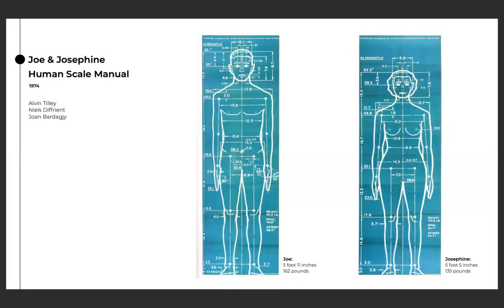So this is the next goalpost in standardization of human measurements, body measurements anyway. So in this, there's consideration for height, but not so much a consideration for width. So as Henry Dreyfuss and his associates were designing objects, industrial objects, they would use Joe and Josephine as personas. Kind of fun, right?